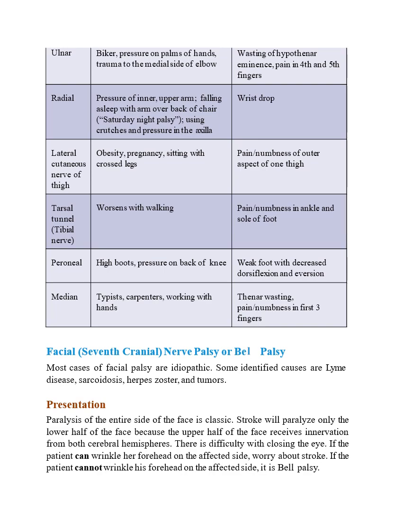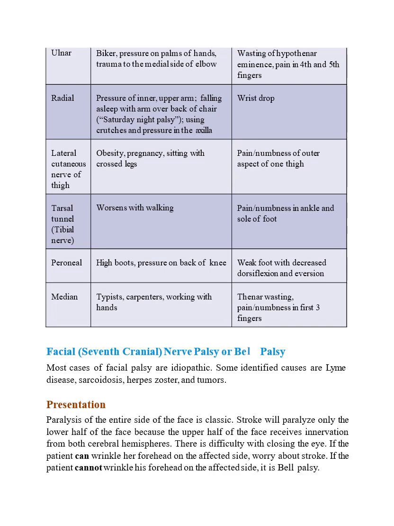The presentation is paralysis of the entire side of the face, a very classical sign. Stroke will paralyze only the lower half of the face because the upper half of the face receives innervation from both cerebral hemispheres.